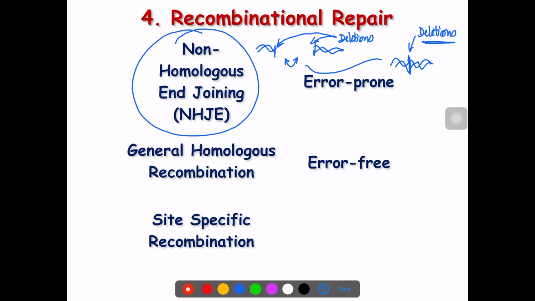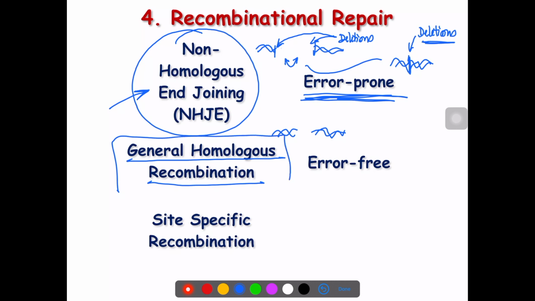However, this mechanism actually does happen in our cells. Non-homologous end joining fixes a substantial number of double-strand breaks in our DNA. But again, this is a very error-prone DNA repair mechanism. Now, the other alternative to simply connecting the two ends that had been produced by those double-strand breaks is to use general homologous recombination.